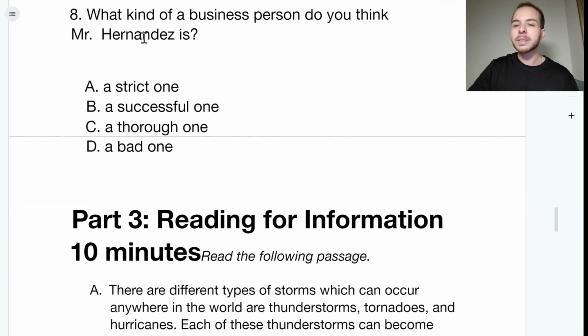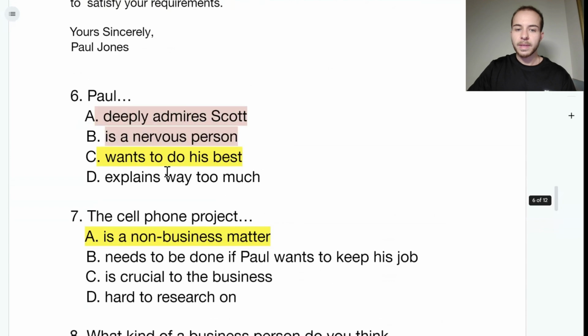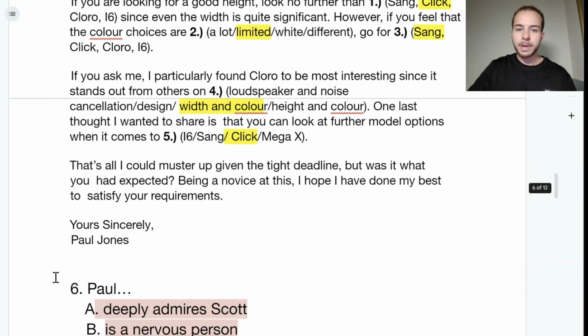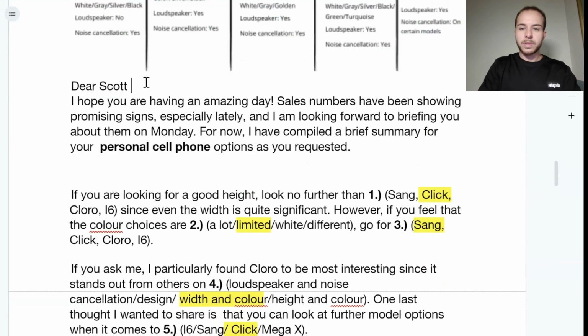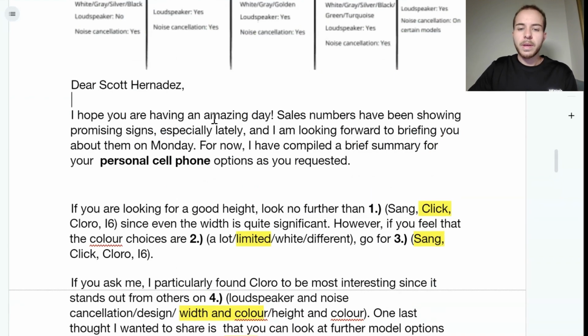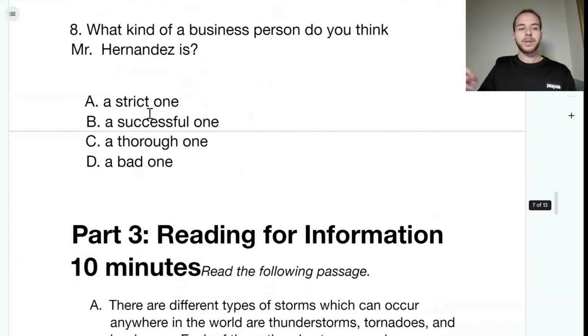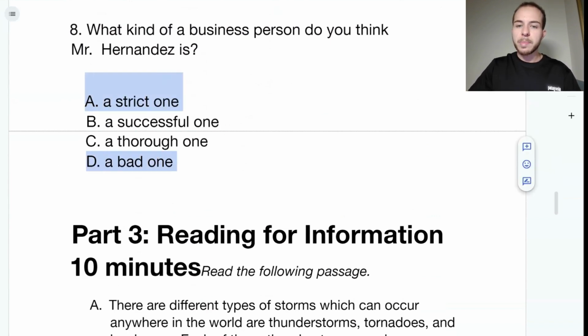Interesting. Number 8. What kind of business person do you think Mr. Hernandez is? Now we're going to assume that his last name is Hernandez. Yes. I think we were missing this section, but it would look like this. So, is Hernandez strict, successful, thorough, bad? Never did they mention anything about being very strict or very bad.